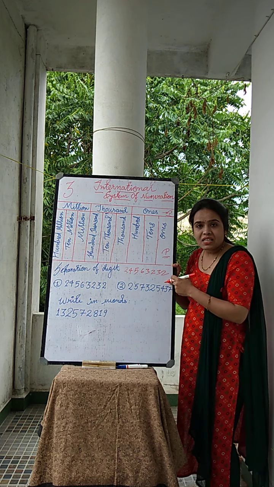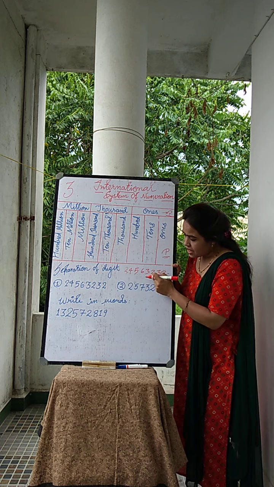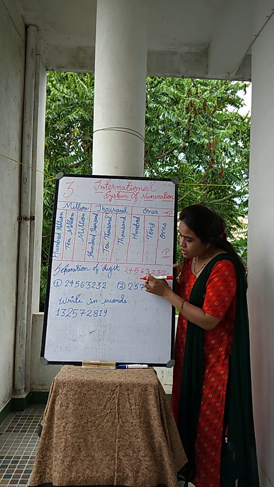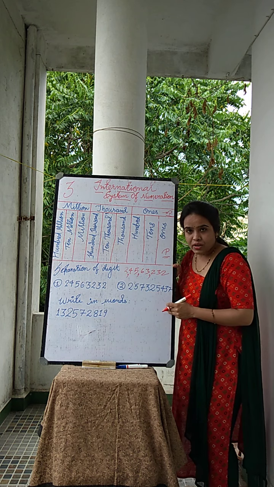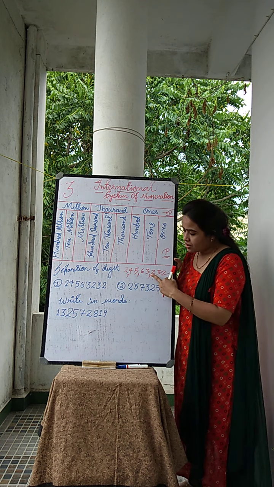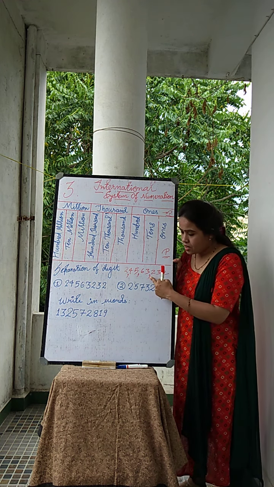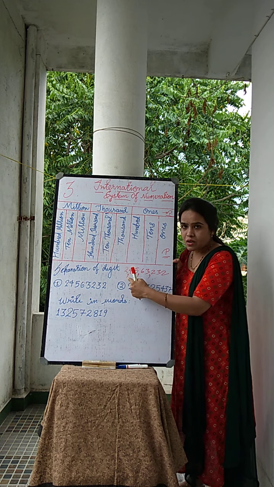So how can we place them in the Indian system? Ones, tens, hundreds, then comma. 1000, 10,000, then comma. Lakh, 10 lakh, then comma. Okay students, after the first three digits we place one comma, after two digits we place one comma, and again after two digits we place one comma.